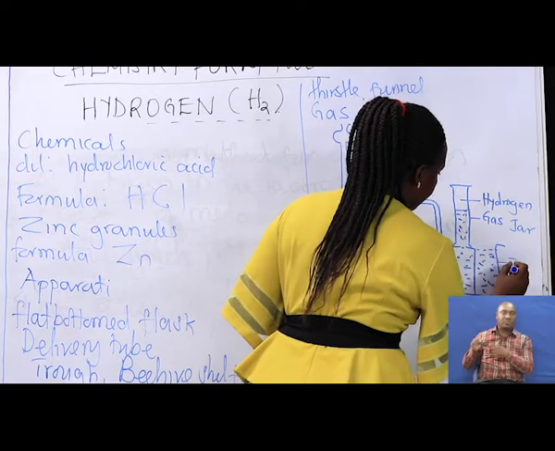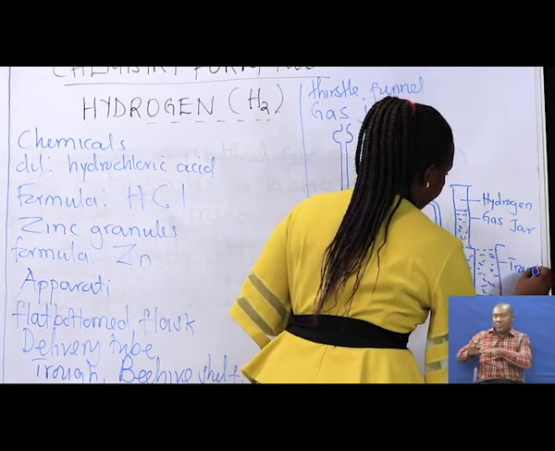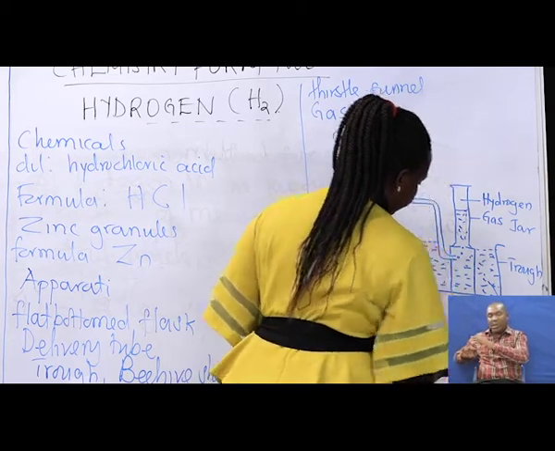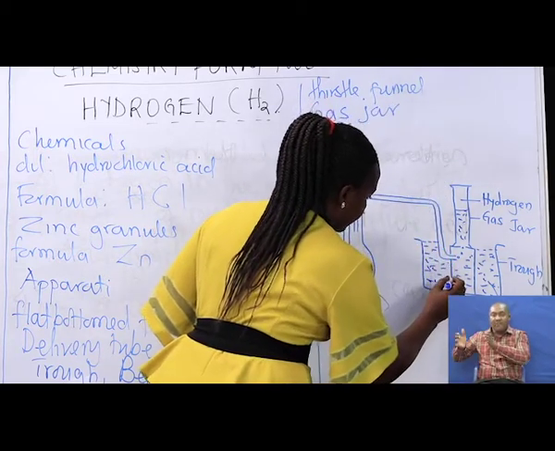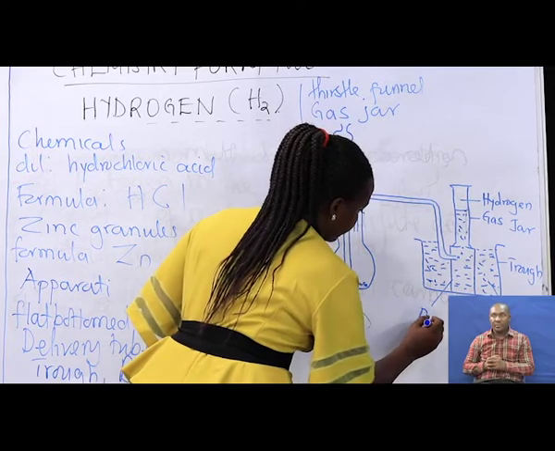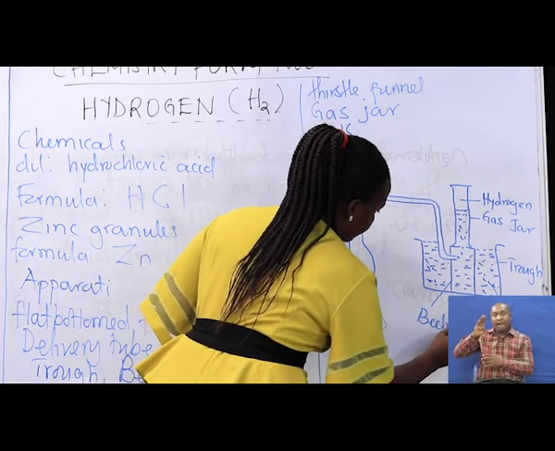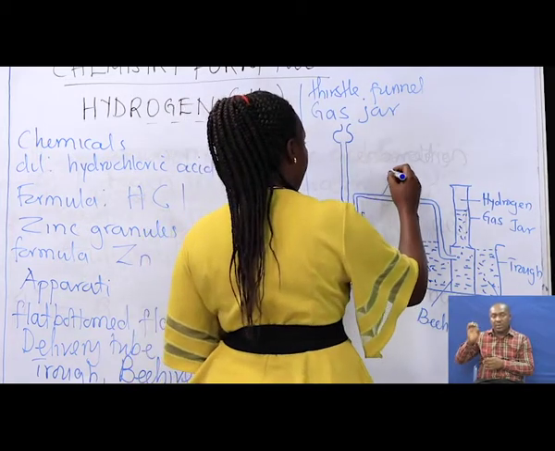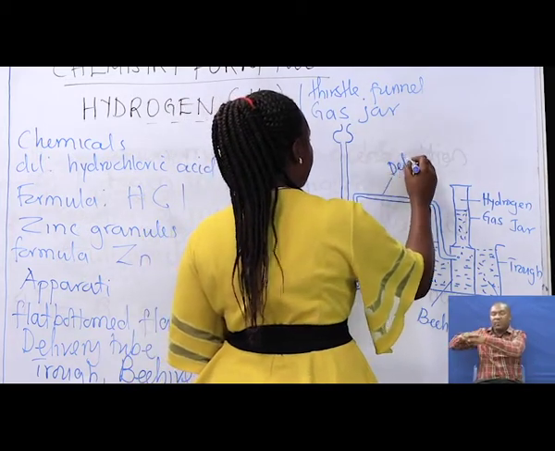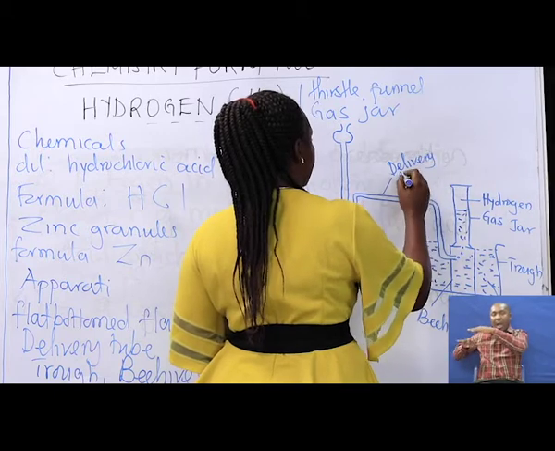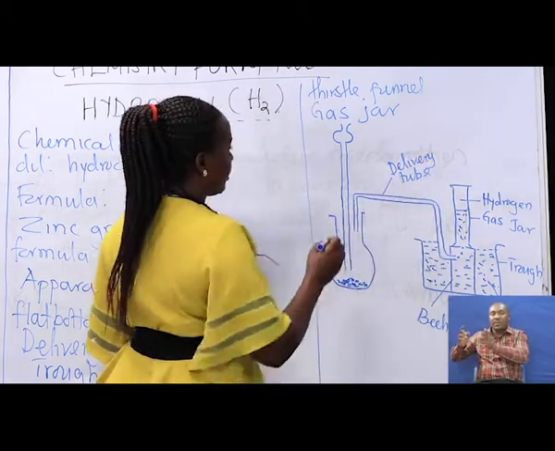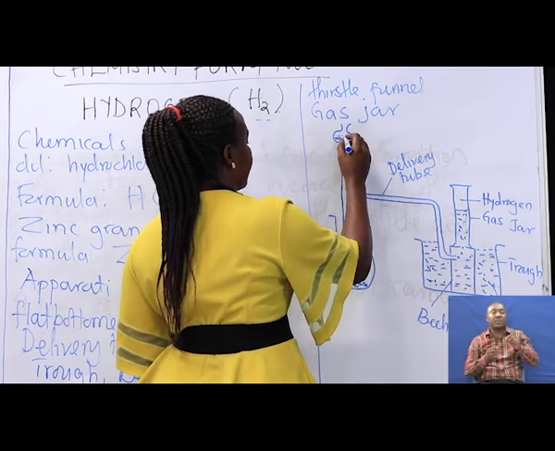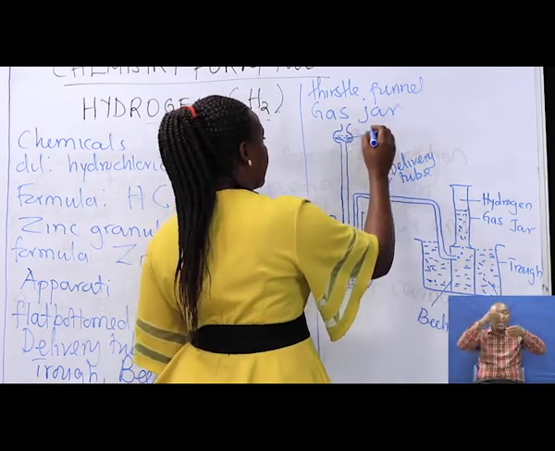This is called the trough. Inside the trough we have water. This is the beehive shelf. This we call the delivery tube. Then inside the thistle funnel, what do we put?